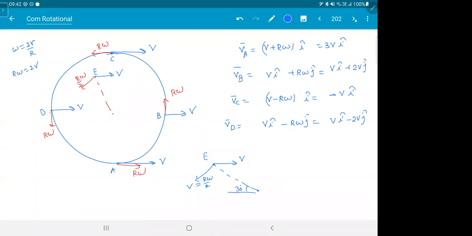So this is also 30. This is r omega by 2, which is V. So then you're done. So you have V. This would be V cos 30, V sin 30, and V cos 30. I'll do E on the next page better.